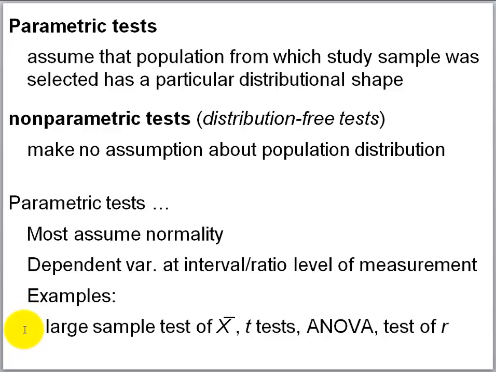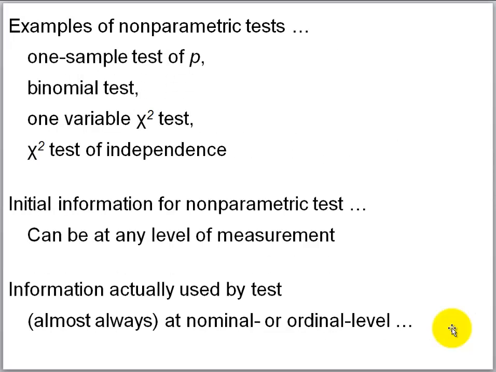And so here are some examples of parametric statistical tests that we have covered. The large sample test of the mean, the three t tests that we covered, ANOVA, the test of r, all of these assumed normality. Thus, all of these are parametric tests.